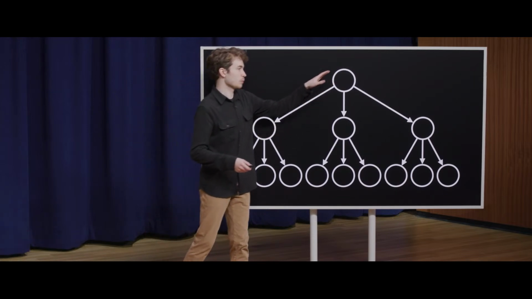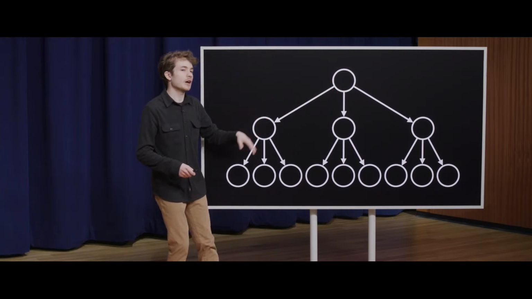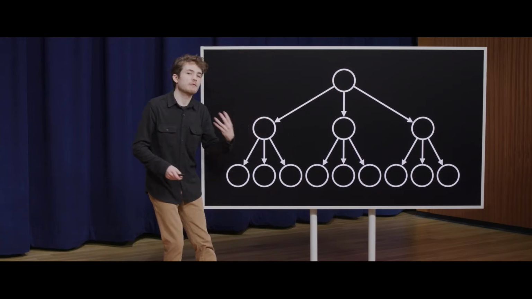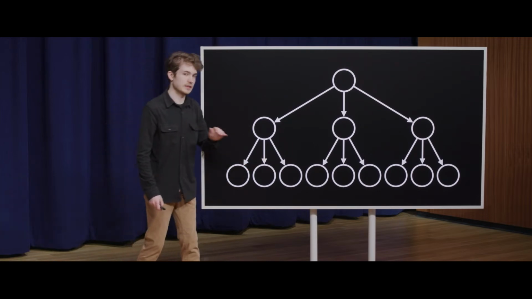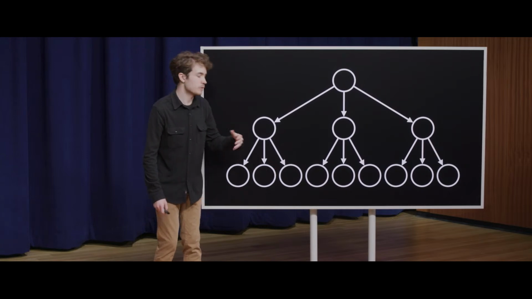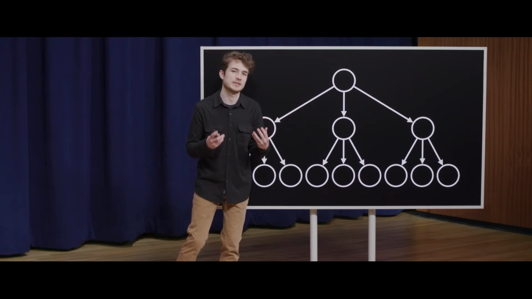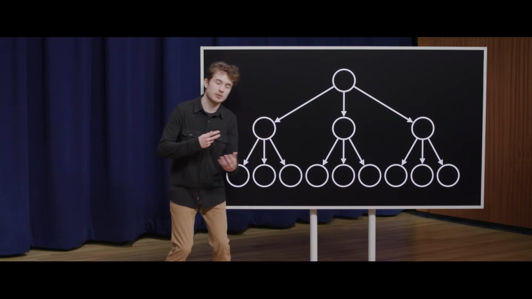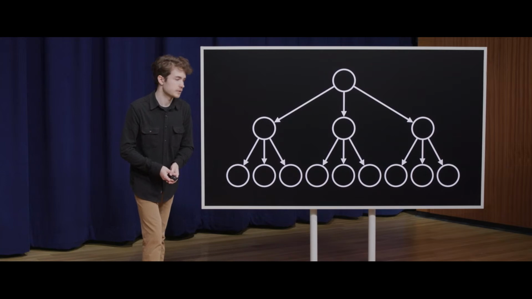I have to figure out, should it come before this value or after this value? And I'll have to traverse this tree every time. Versus, without an index, I could just add something to the end of this list. But with a B-tree, with an index, I need to traverse all these nodes to figure out where that piece of data should go. So these trade-offs are something you should keep in mind as you build indexes and optimize your queries.